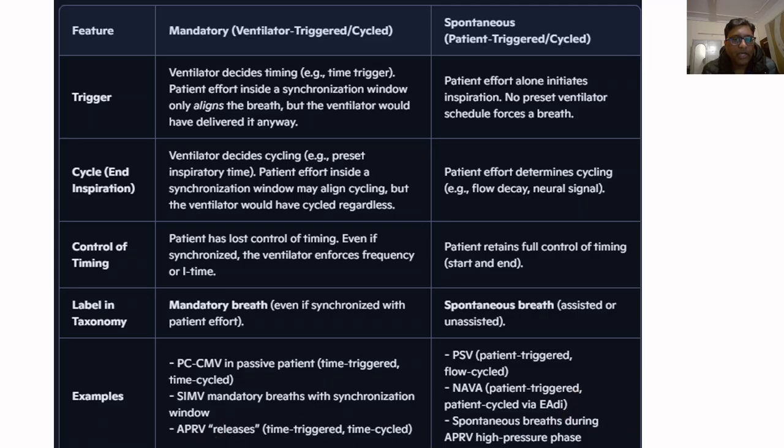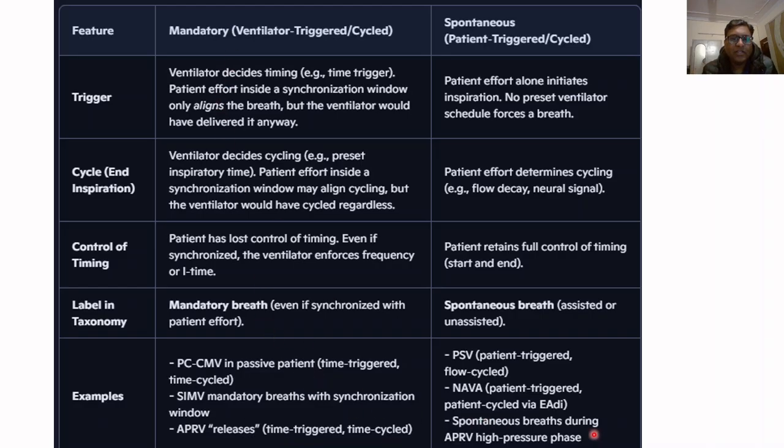APRV is a mode where you have a certain T high at which high pressure is applied during the inspiration, and there is a very short T low, 4 to 5 seconds, where there is some pressure release. But these releases to a low pressure during T low in APRV are mandatory breaths.